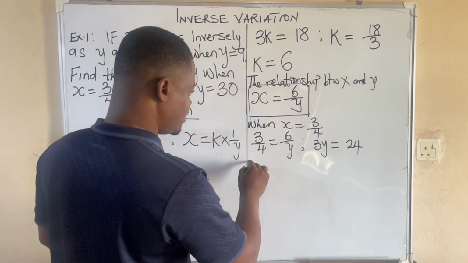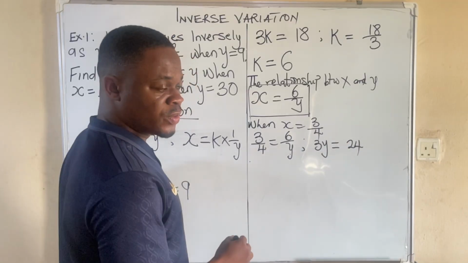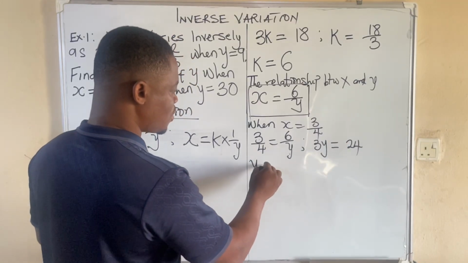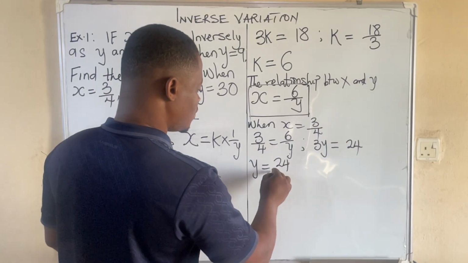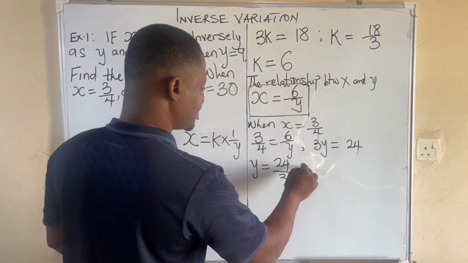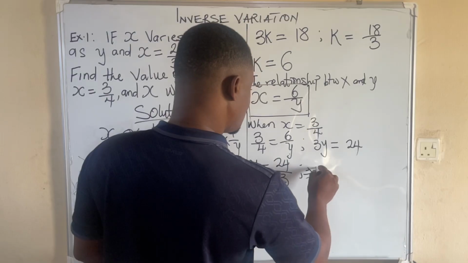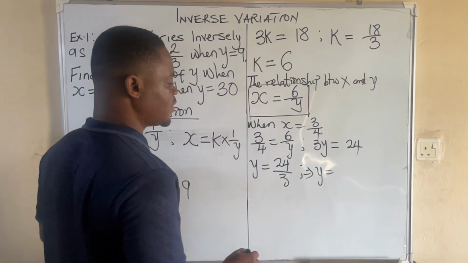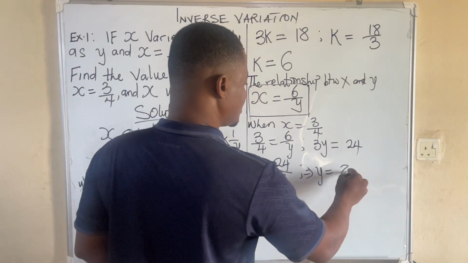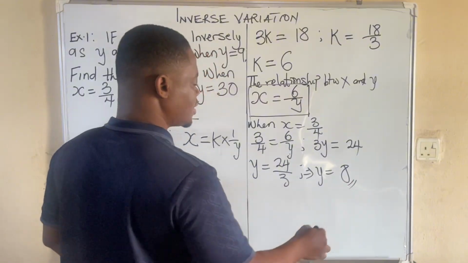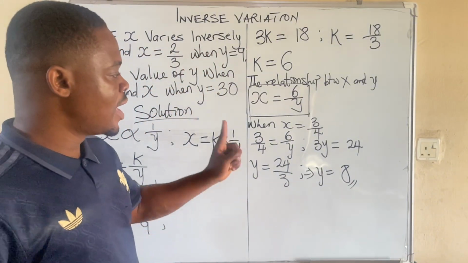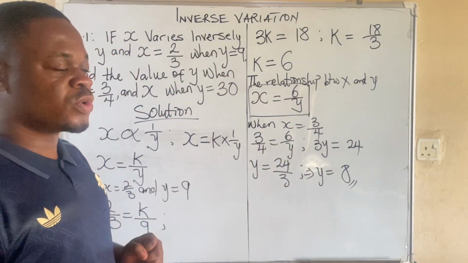And 3y, dividing both sides by 3, we have y to be equal to 24 all over 3. And this implies that y is equal to 24 over 3, which gives us 8. So that is the value of y when x is equal to 3 over 4.